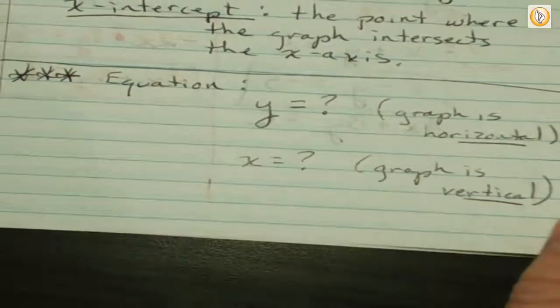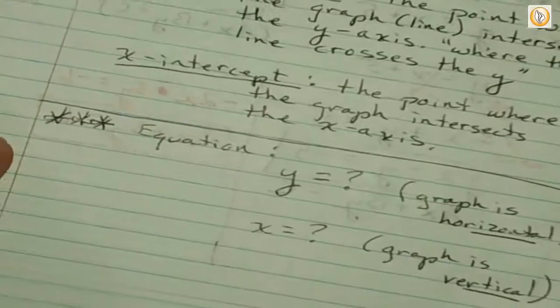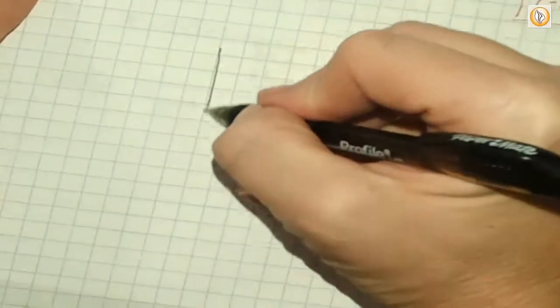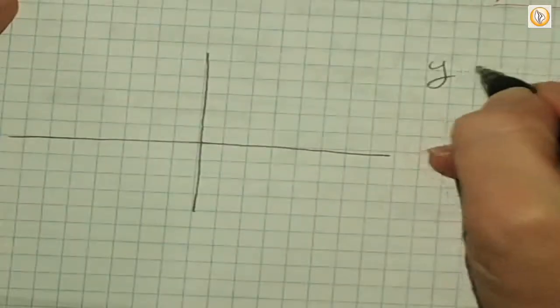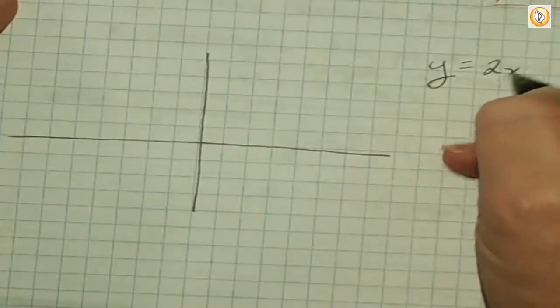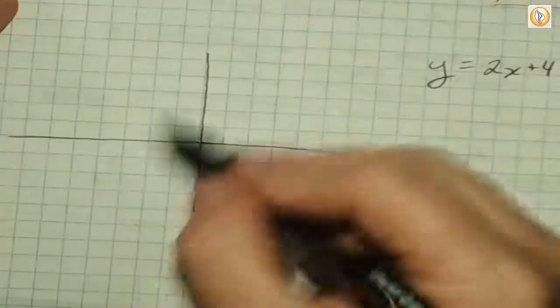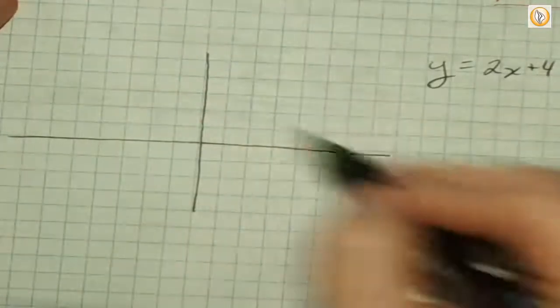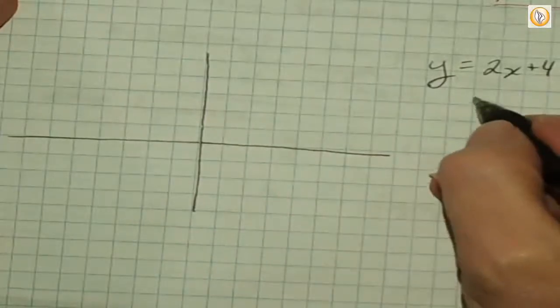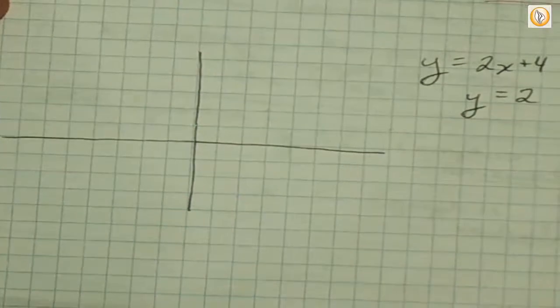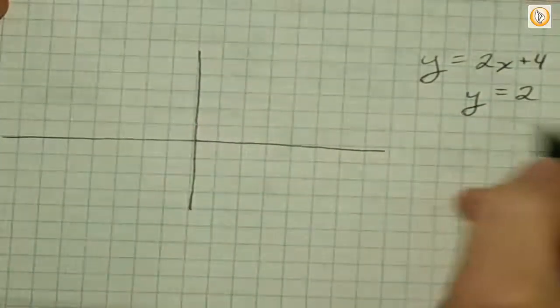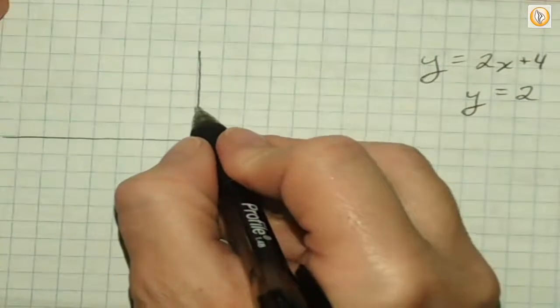So, for example, if they gave you y equals 2x plus 4, that's going to be a diagonal line going different directions, right? But if they just gave you y equals 2, there's no slope, and I'm going to explain that better later.